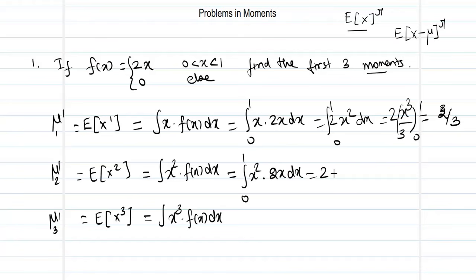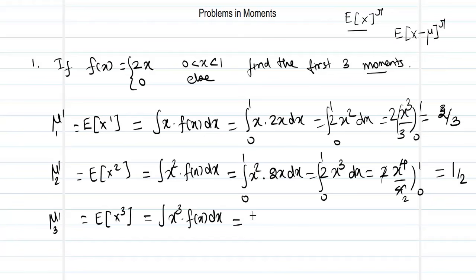So it is 2x to the power of 3 on integration between 0 to 1. So it is 2 into x power 4 by 4 between the limits 0 to 1. Now the 2 and 4 can be cancelled. So the total value becomes 1 divided by 2.